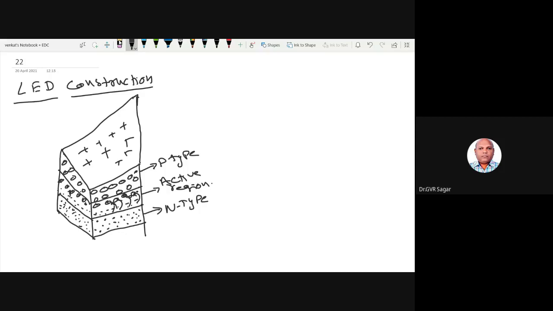This releases the energy, this releases the light, this releases the photons. So first of all, I take a P-type layer and the N-type layer, and in between is a layer called the active region. In the active region, this recombination takes place: the electrons recombine with the holes.